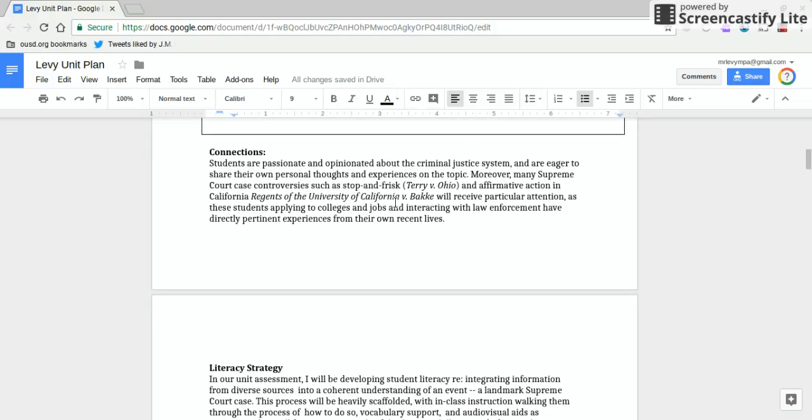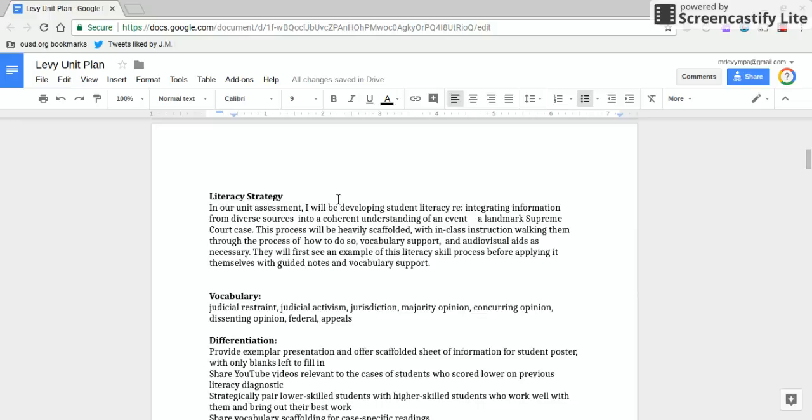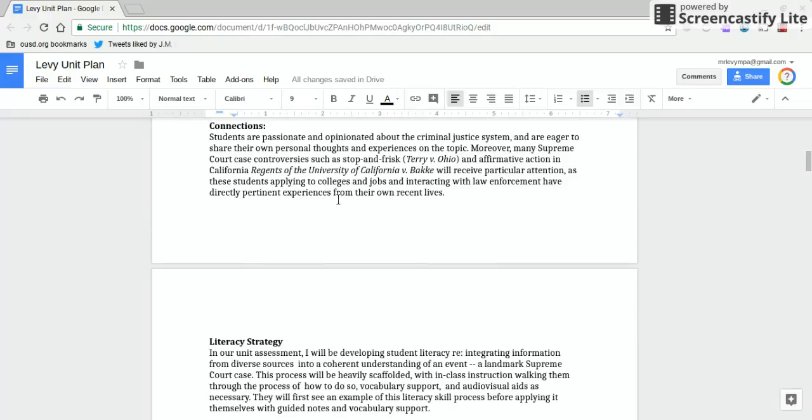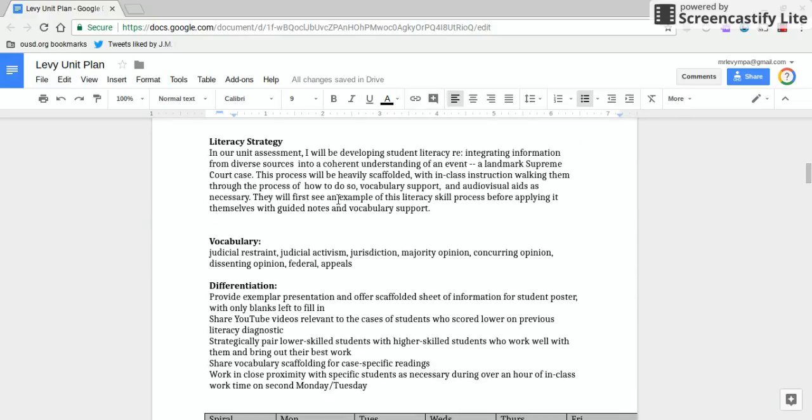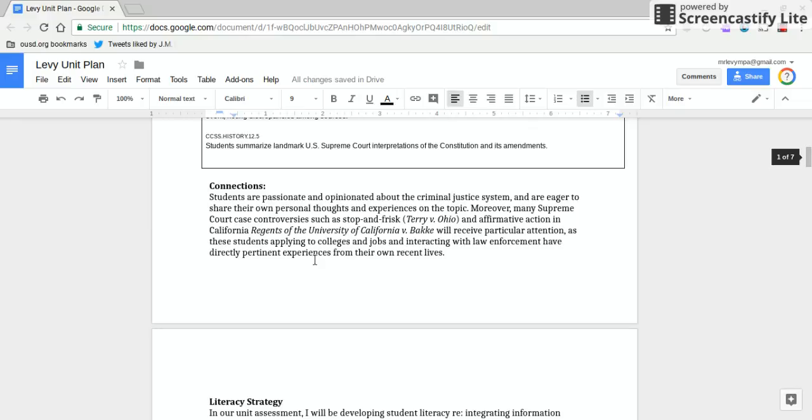Before we get to the specific days, I just want to talk real quick about connections, literary strategy, and how I'll be differentiating. As I said earlier, I try to make it so that the cases we are looking at, such as Terry versus Ohio, which involves police stop and frisk policy, and Regents of the University of California, the famous Supreme Court case dealing with affirmative action, are relevant to student lives.